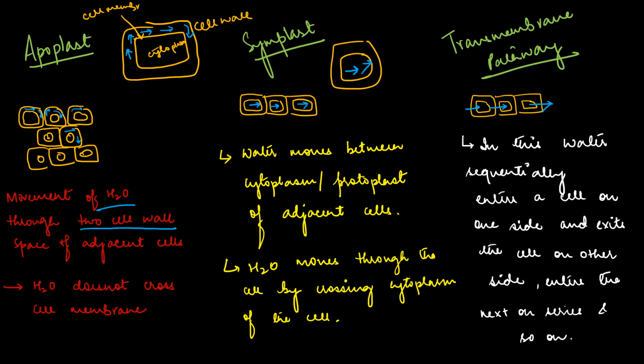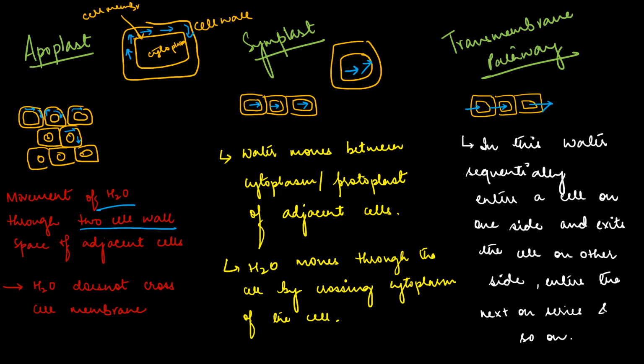It is moving through the cell wall. But here in case of symplastic movement, water moves inside the cell. Why is it moving inside the cell? Because the Casparian strip is present in the endodermis. So this Casparian strip is made up of suberin and lignin, which will block the apoplastic movement of water. I will show you a diagram in the next slide, then it will be more clear to you.